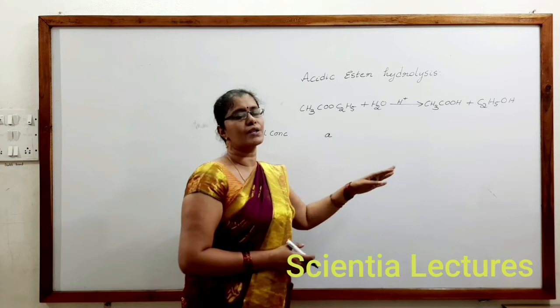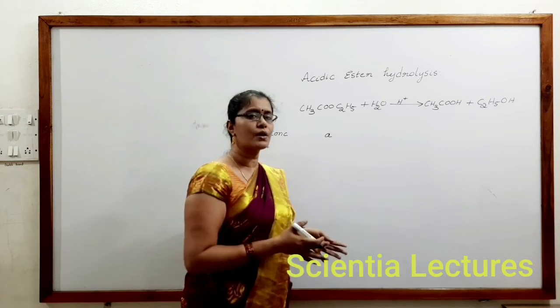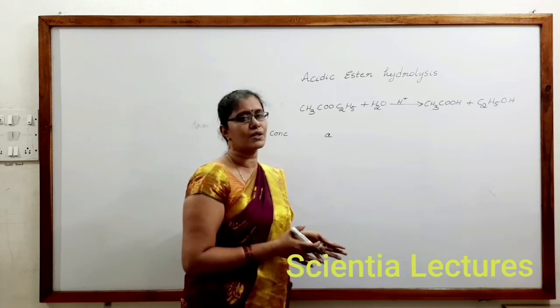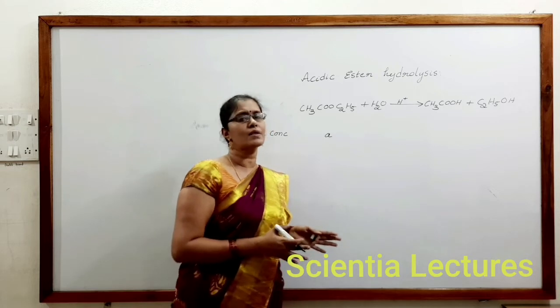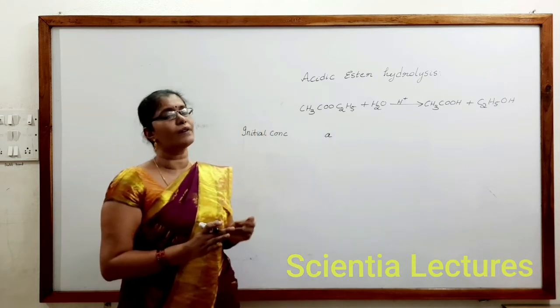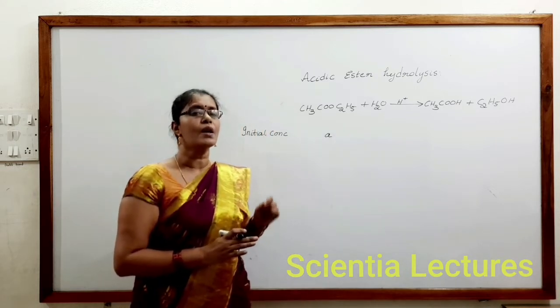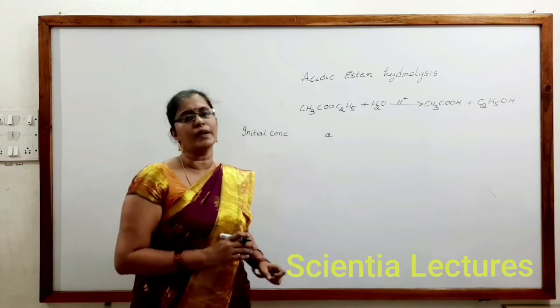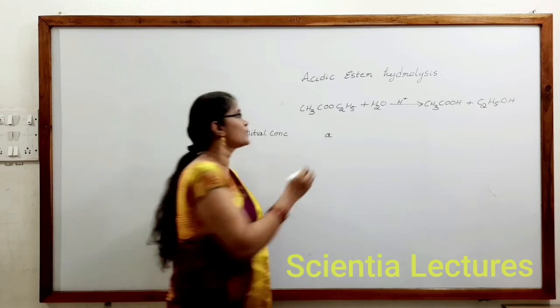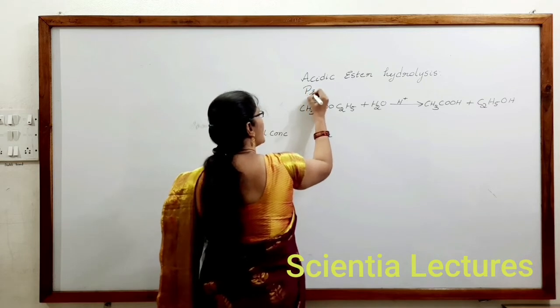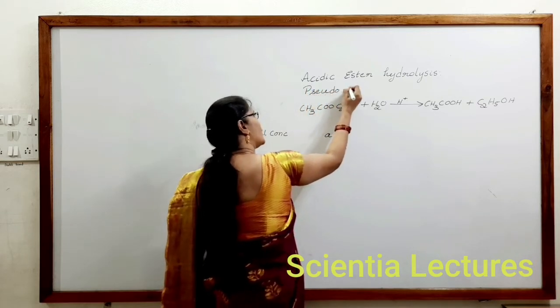Such reactions in which two reactant molecules participate, but only the change in concentration of one reactant molecule influences the rate of reaction, are called pseudo first order reactions. Acidic ester hydrolysis is also a pseudo first order reaction.